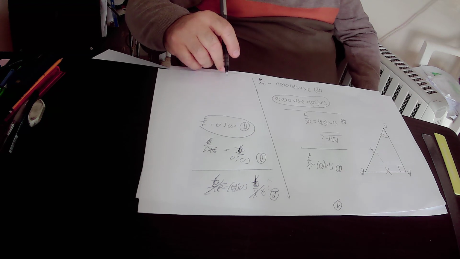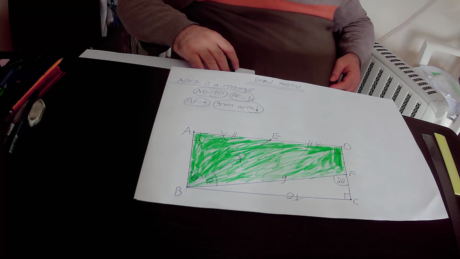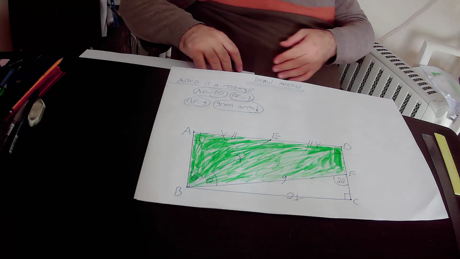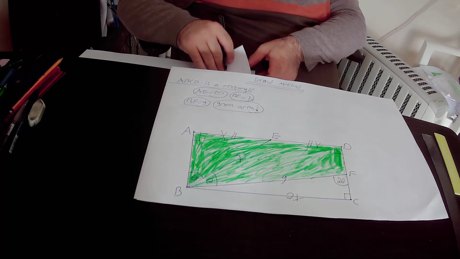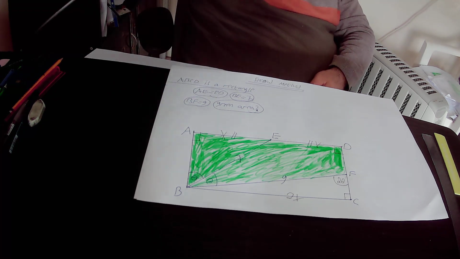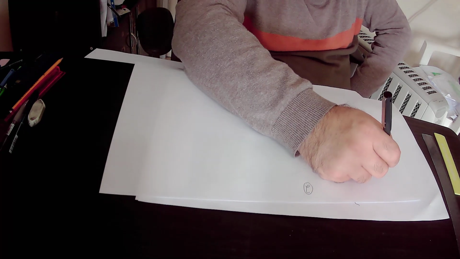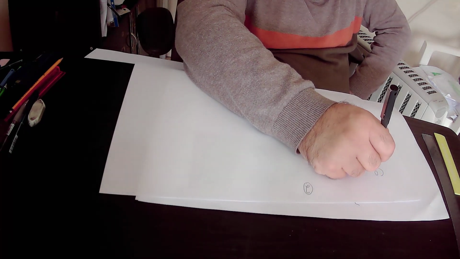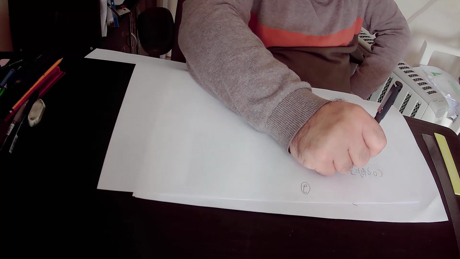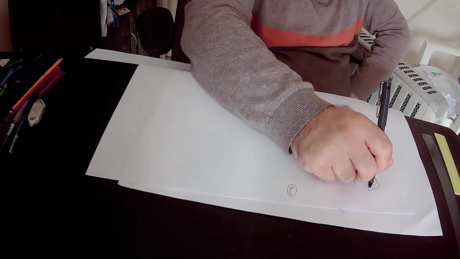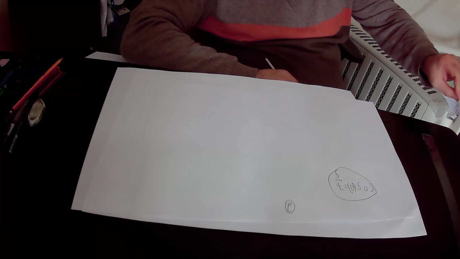Cosine theta equals 7 over 9, so I write it in a new page. Cosine theta equals 7 over 9. What is the meaning of cosine theta equals 7 over 9?